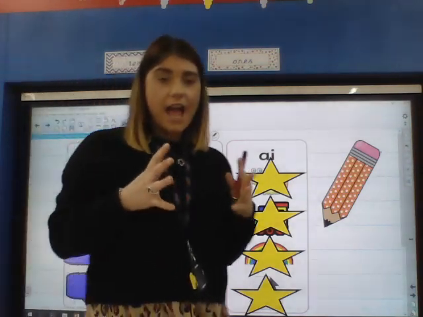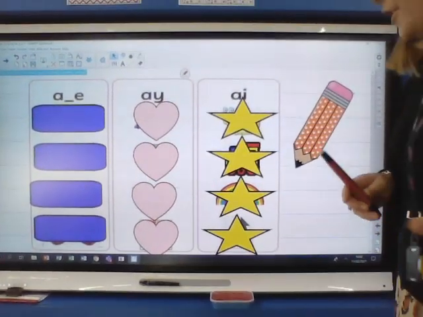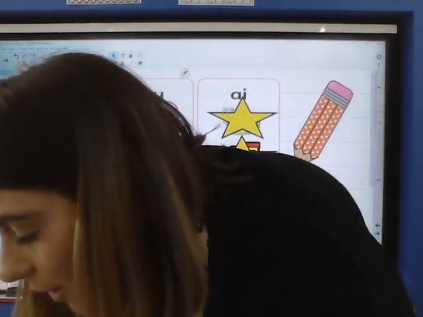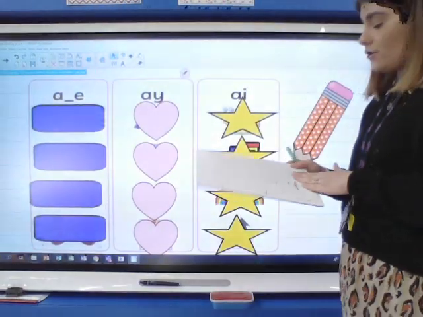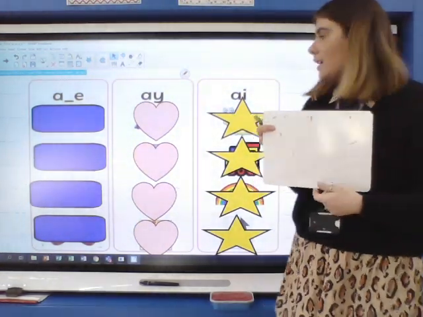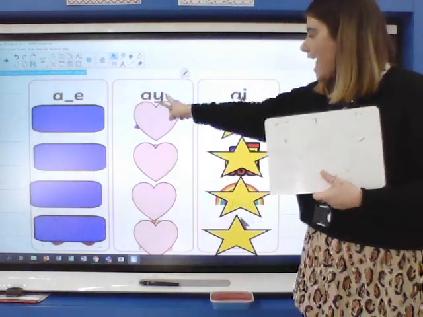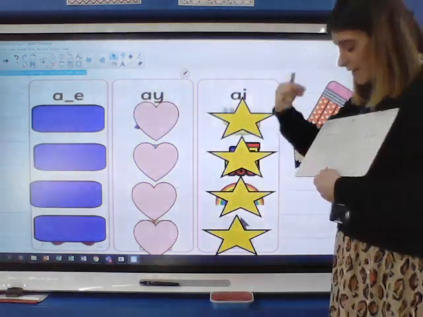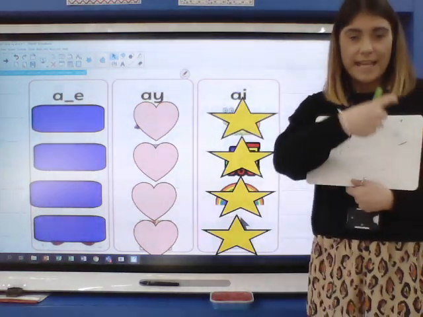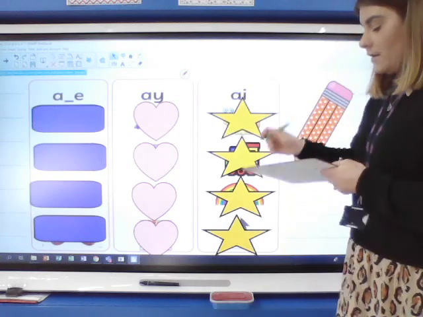So on my board, I've got lots of pictures. Okay? And what I would like you to do is on your whiteboard at home, split your whiteboard into 3 columns. So one for a split diagraph, one for our AY, and one for our AI. So there is a column for each grapheme, each different way of writing the same sound.